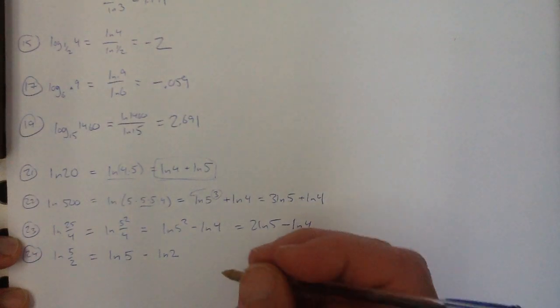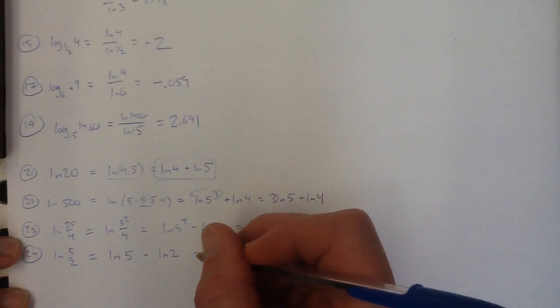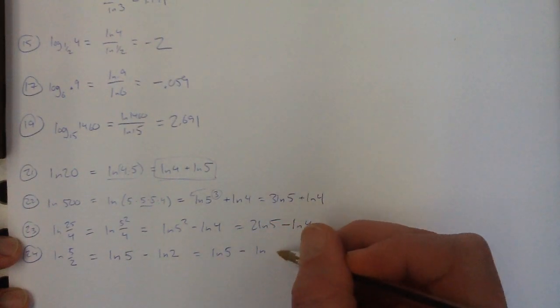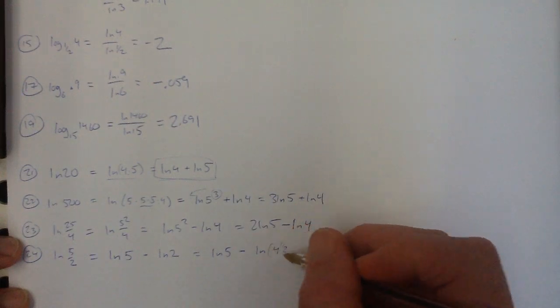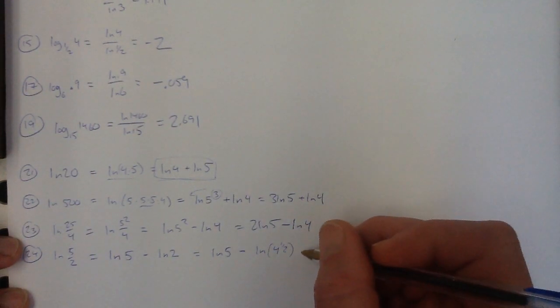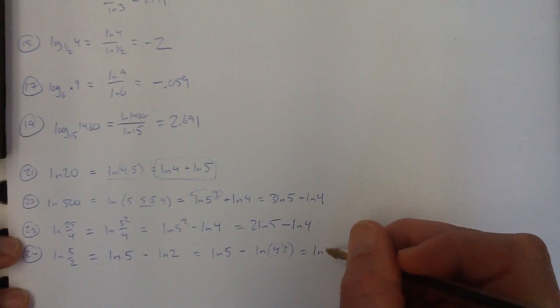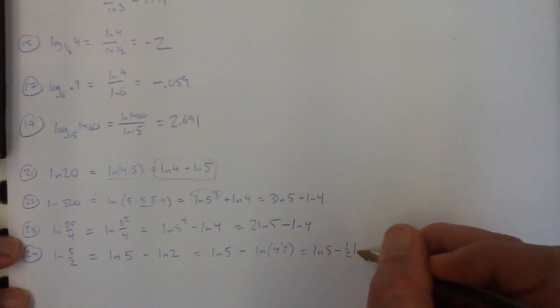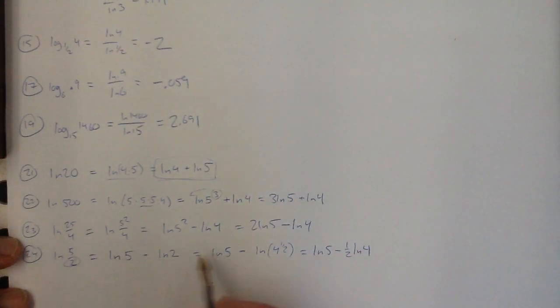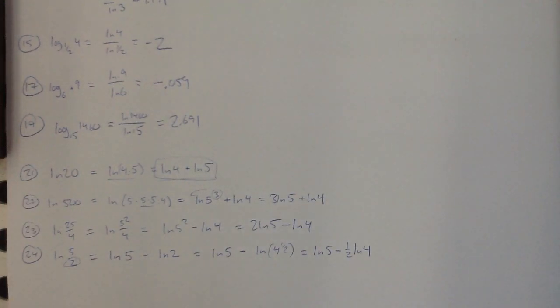And 2 is equal to 4 to the 1/2, right? Because the 1/2 power means square root. So that was a little tricky to see how you can get that 2 in terms of the 4, but that's how you do that.